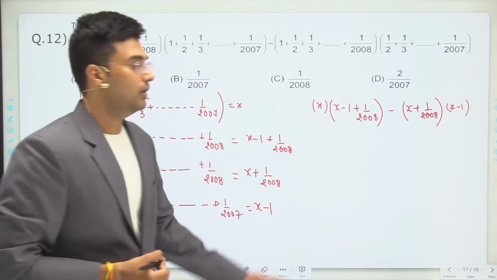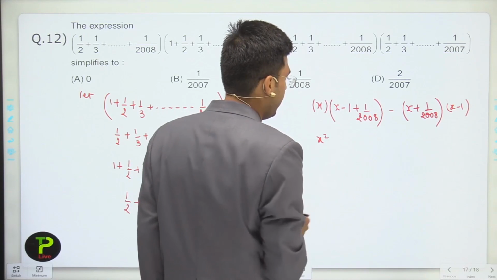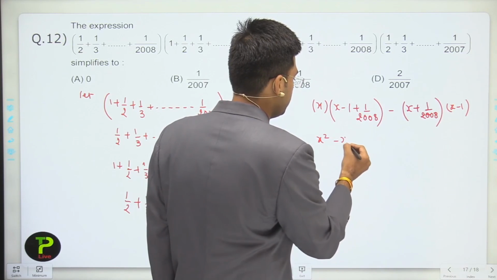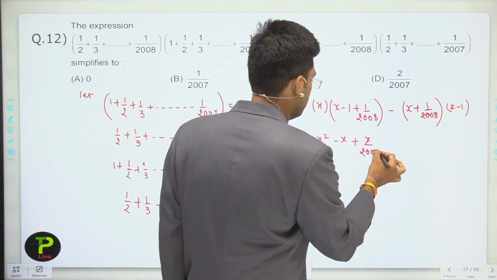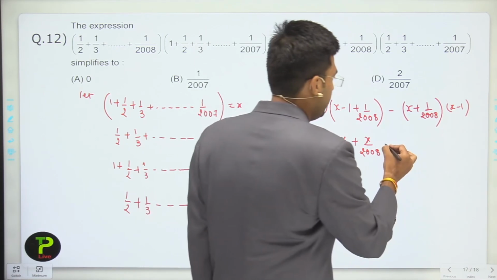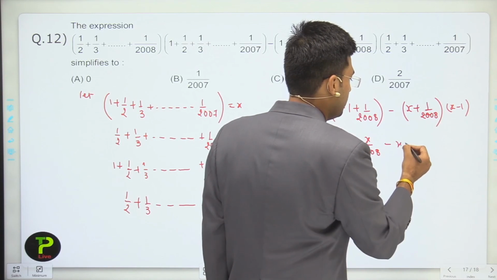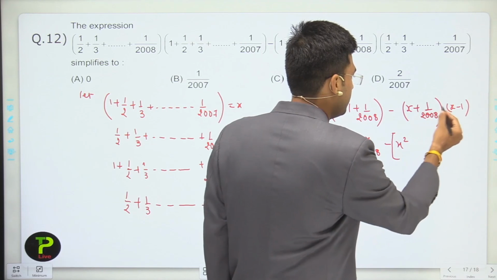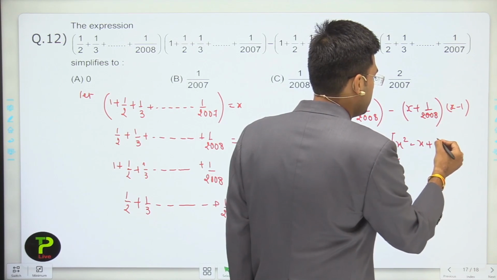Okay. Now solve this. It is equal to x square minus x plus x upon 2008 minus, when we solve this, we will get x square minus x plus x upon 2008 minus 1 upon 2008.